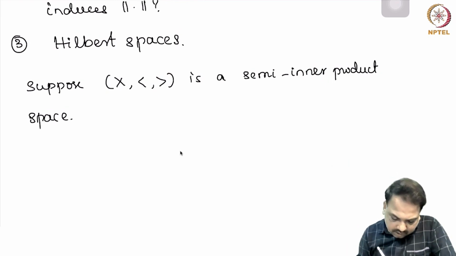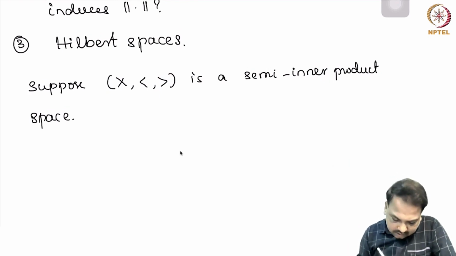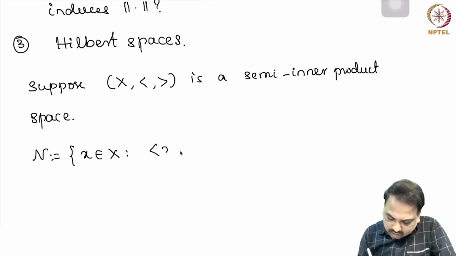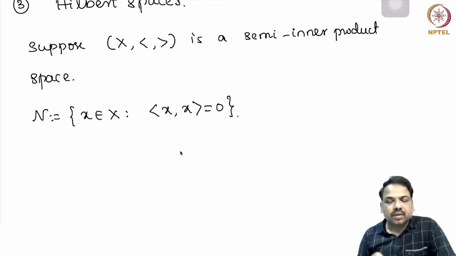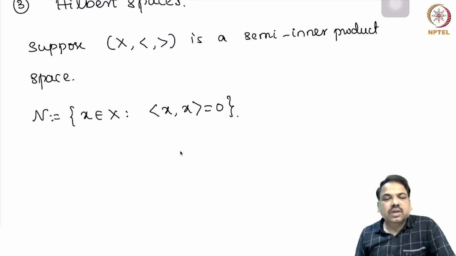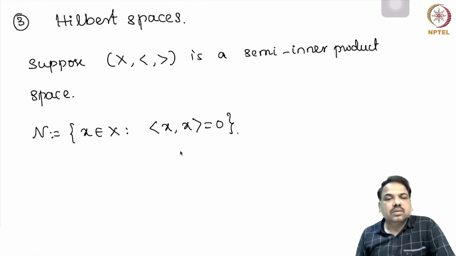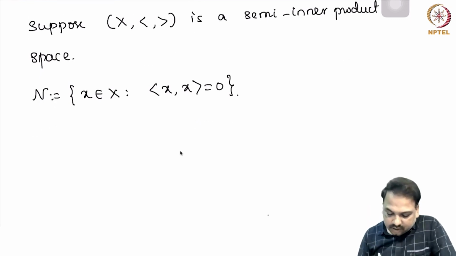So let us collect all such vectors. Let script N be the set of all x in X such that the semi-inner product of x with itself is 0. Now we can show that this is a vector space as well as a closed subspace of X.